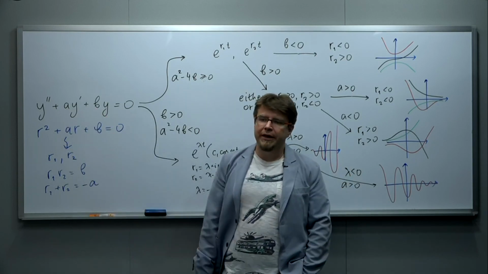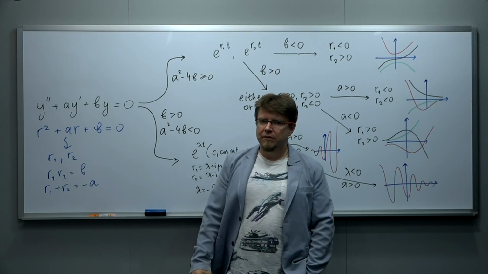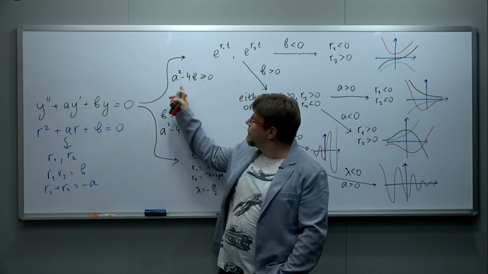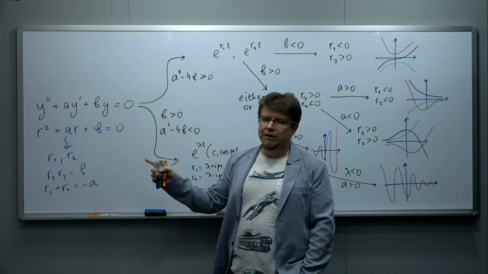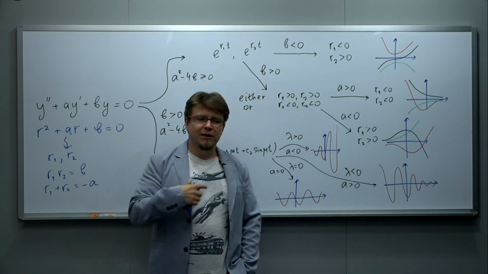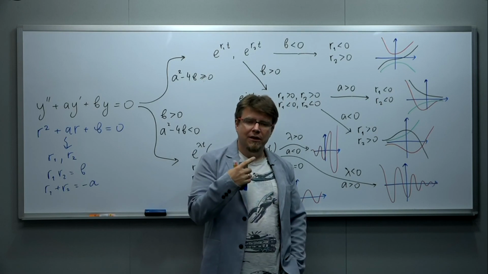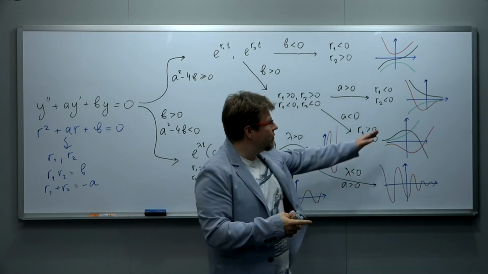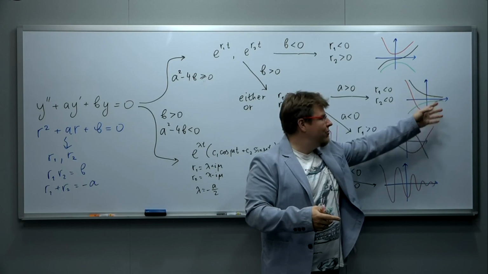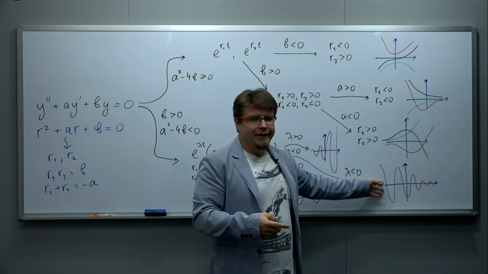So that's one implication. But depending on the sign of the discriminant, when this happens, the solutions may approach 0 in a different manner. They can either approach 0 in a straight way, or they can approach 0 in an oscillating manner.